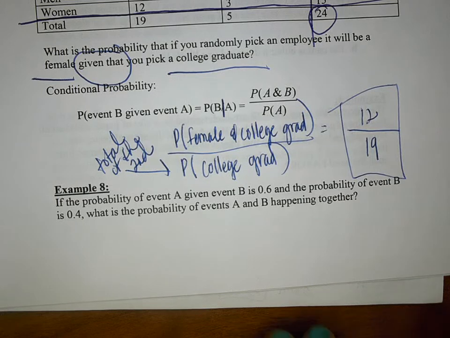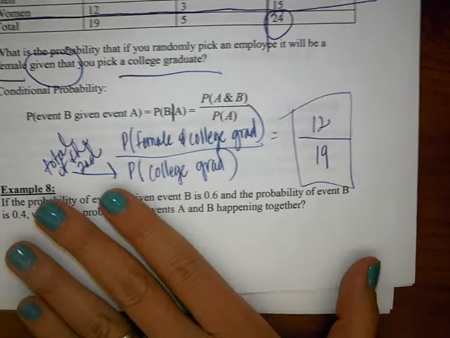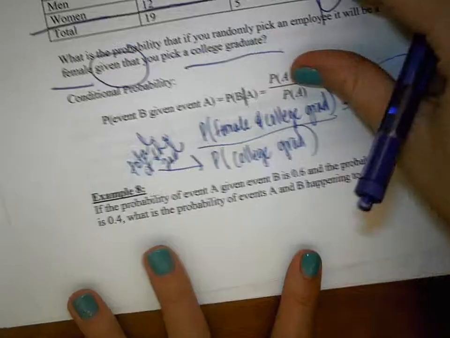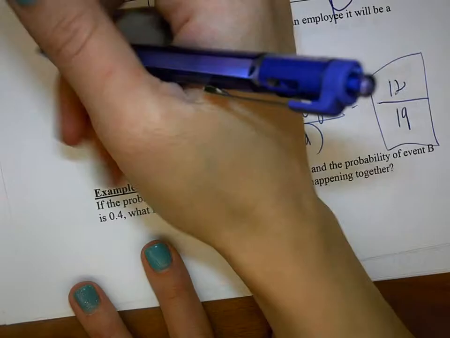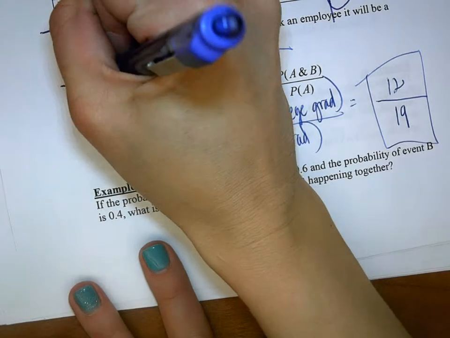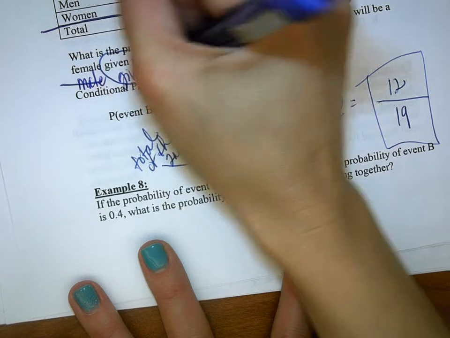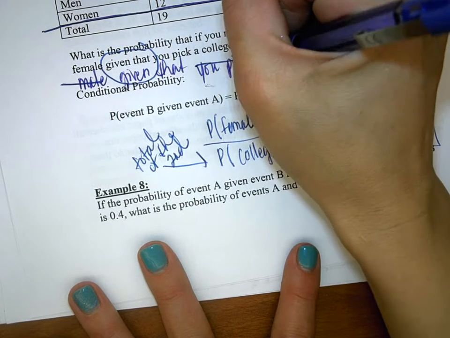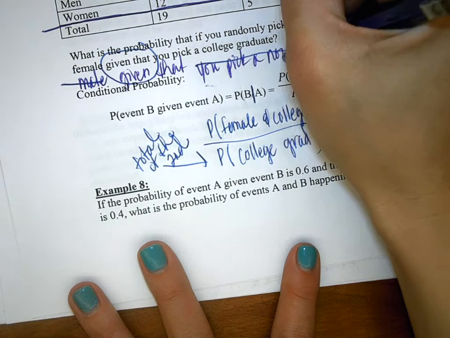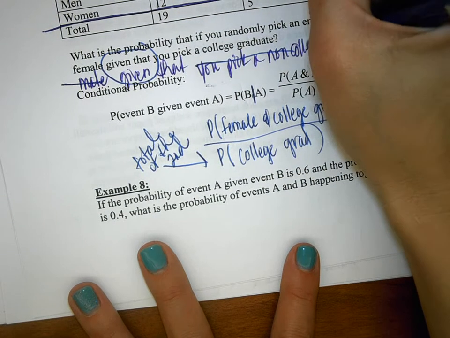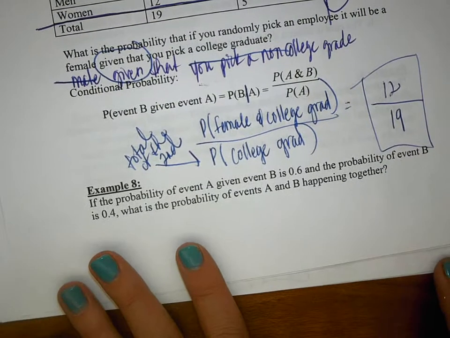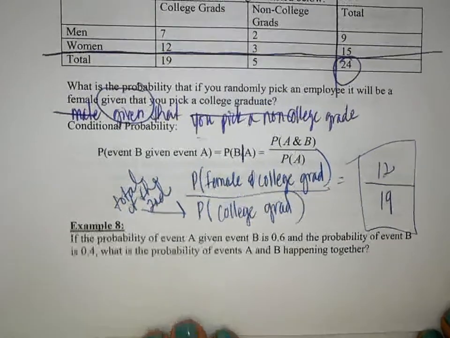So if I give you another one, what is the probability? It's this whole same sentence, but this time I'm going to say male given that you pick a non-college grad. Okay, so you're going to find that answer. Male given that you pick a non-college grad.